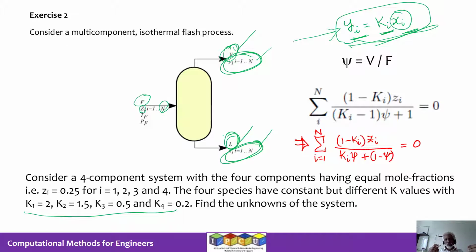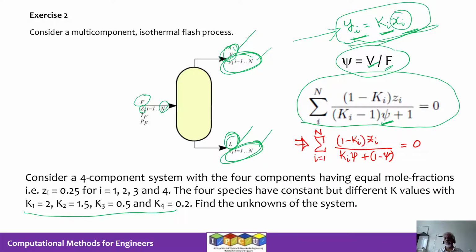An alternative is to do some analytical work. We take those 2n plus 2 equations, process the symbols appropriately, and reduce that system of equations to one equation in the unknown psi, where psi is equal to V by F, the ratio of the vapor flow rate to the feed flow rate.